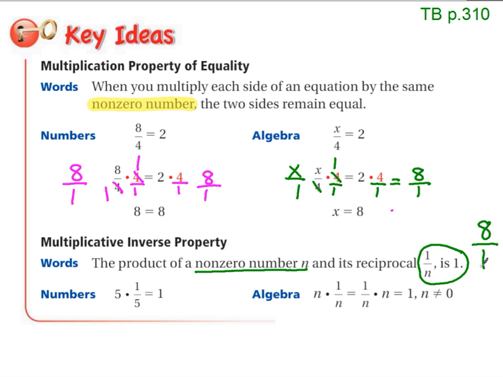We have to flip it over, and that means I have 1/8. So the product of a non-zero number n and its reciprocal is 1. So 5 times 1/5 is obviously going to equal 1. n times 1 over n is going to equal 1 over n times n. So as long as you're not talking about 0, this multiplicative inverse property will always work.